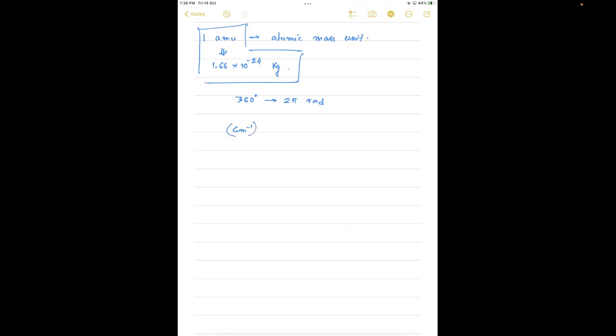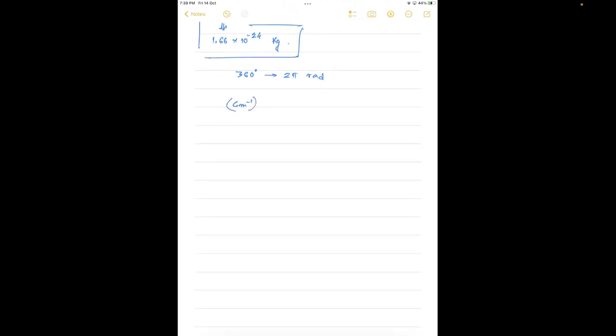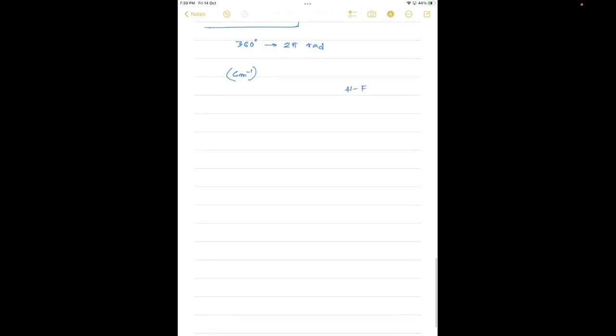So for a spectroscopy signal, let's assume a particular bond, let's say the HF molecule, and we need the IR spectroscopy of the HF bond. So it is actually from 0 to 1 transition.